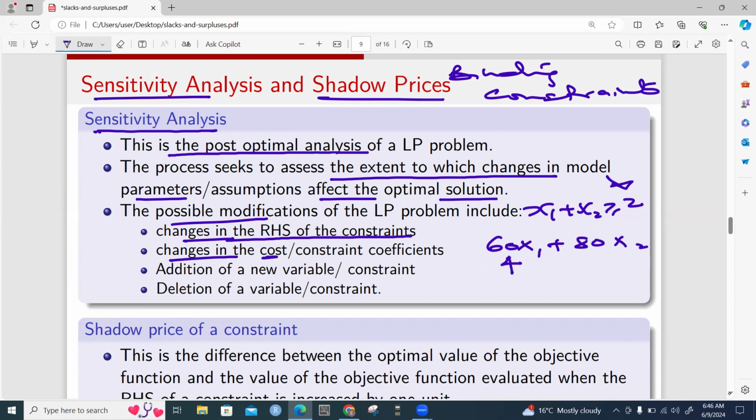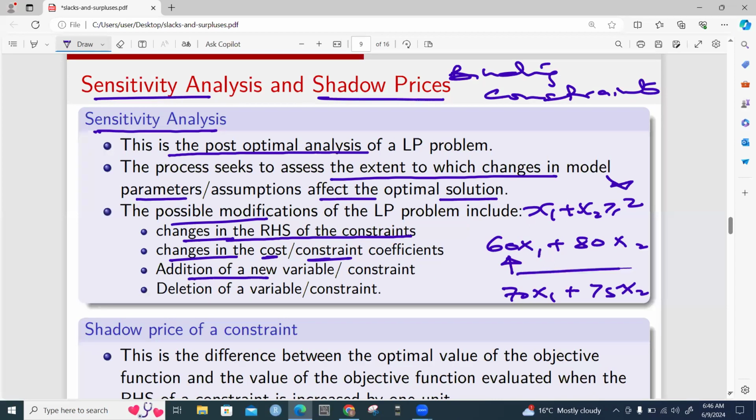So what if we change the 60 to, let's say, 70, and we change the 80 to, let's say, 75? How is the optimal solution affected? Changes in the constraint coefficients are also a part of modification. It can also be the addition of a new variable or constraint altogether.